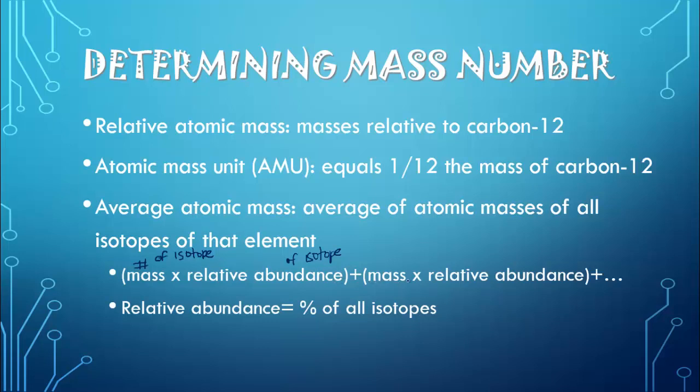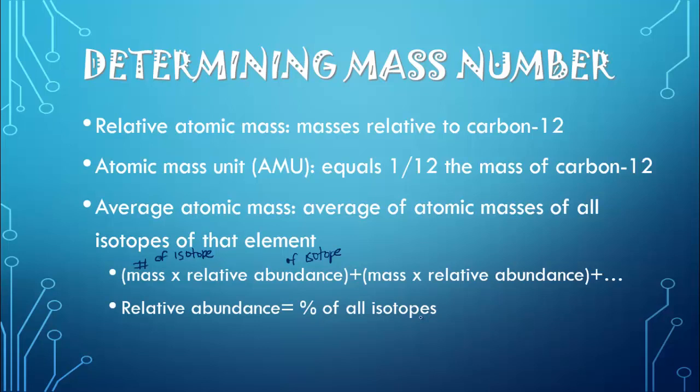Then we add it to another isotope of carbon. So the mass of that isotope times the relative abundance of that isotope, and so forth until we've used all of them. So the relative abundance is basically just found from how often that occurs in all of the isotopes, and we give it a percentage. So it's the percentage of all isotopes of a particular element.